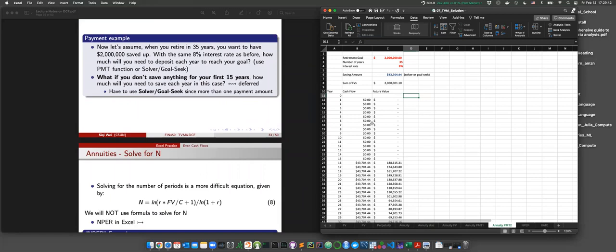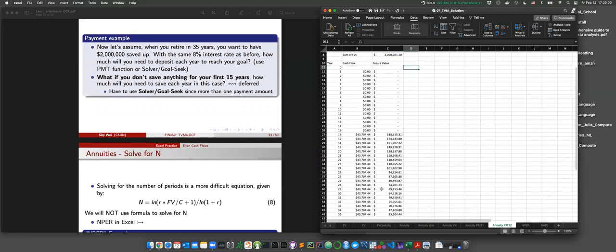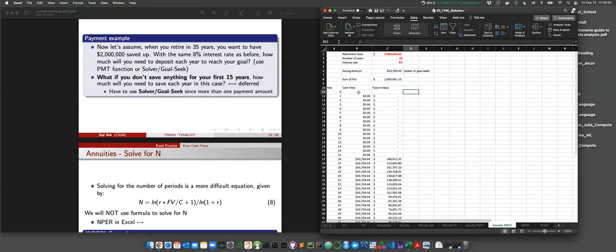So it's sort of a deferred annuity. If you draw a timeline, nothing happens for the first 15 years. The first cash flow occurs at the end of the 16th year. Actually, it's still the same process. You just need to set up the intermediary cash flow, discount back each component, and use Solver to back out the number.